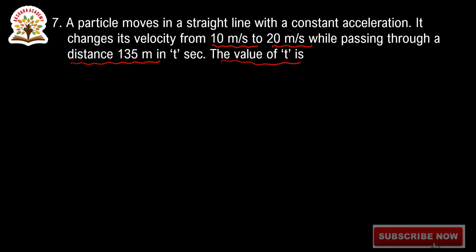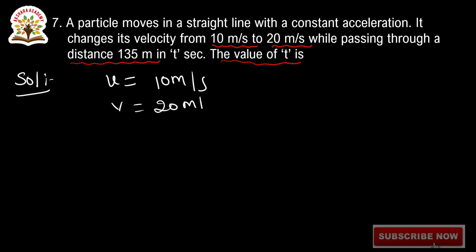Now let us come to the solution. Now we will write what they given in this. u is equal to 10 meters per second and v is equal to 20 meters per second. We can use v is equal to u plus at, or we can take directly the formula for s.